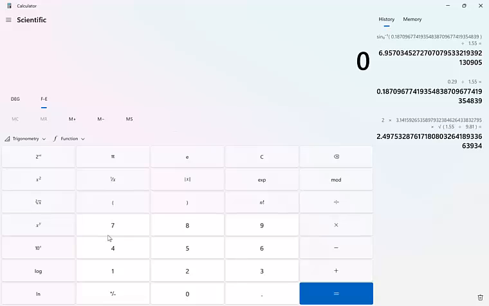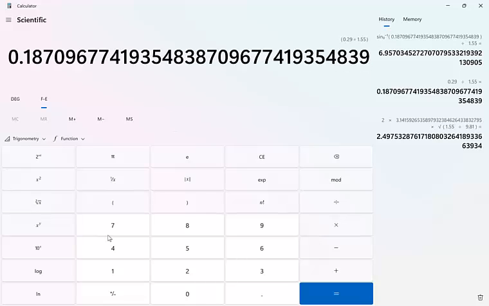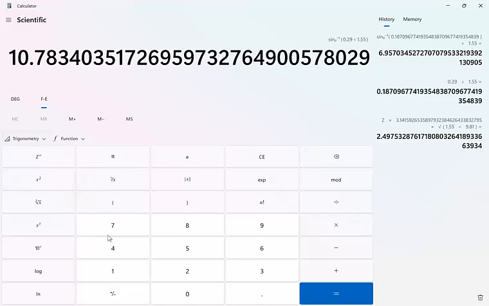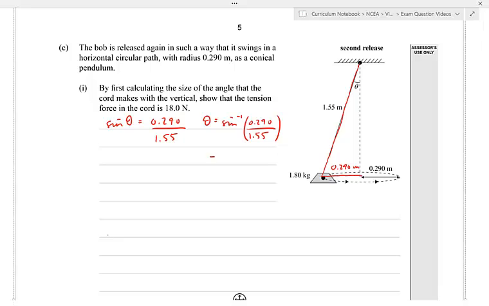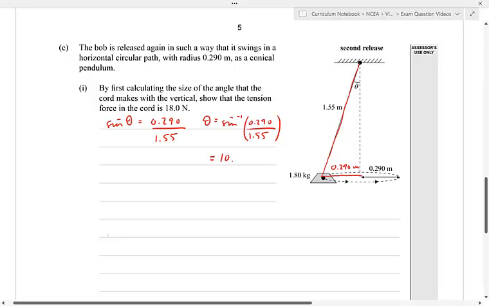Let's try that again. 0.290 divided by 1.55 bracket. And now we can go second function sine, is 10.78 degrees, equals 10.8 degrees.